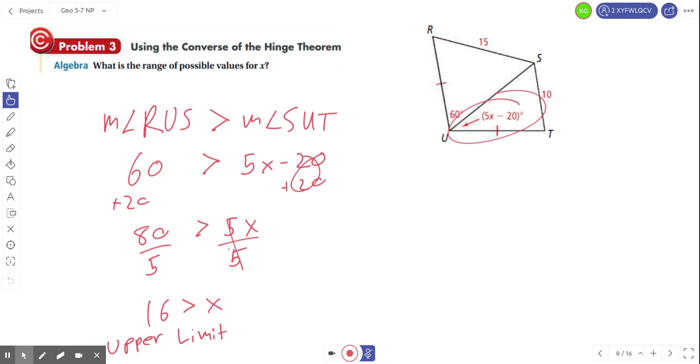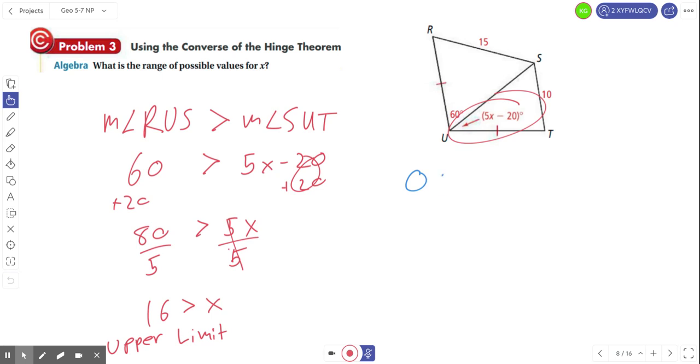We don't know enough to say that it's anything other than bigger than 0, even though that seems obviously true.